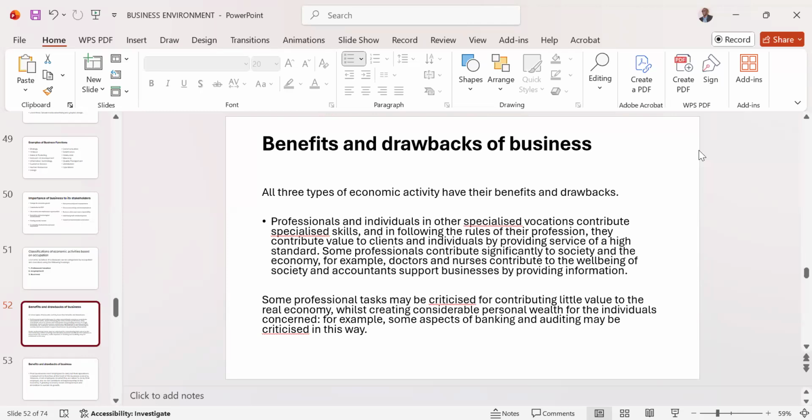So when we talk of professionals, we are talking of people with specialized skills, skills that they can use to make money. Most of them can come up with companies like consulting firms.